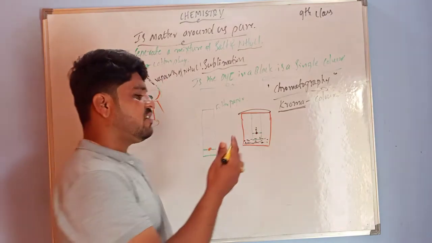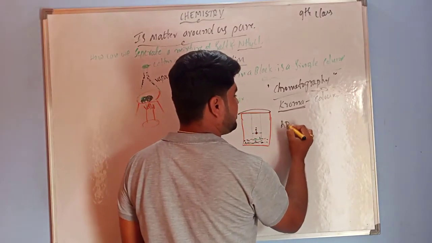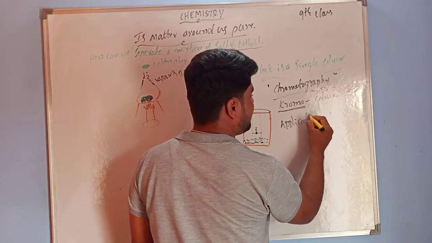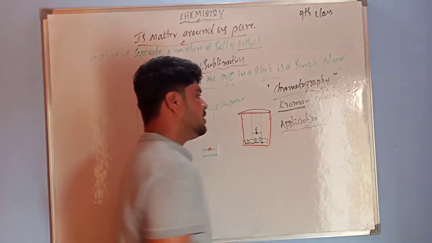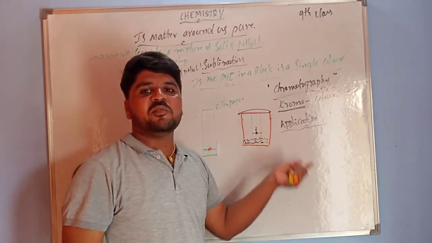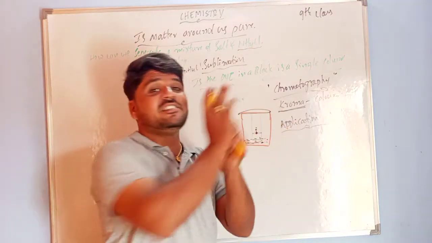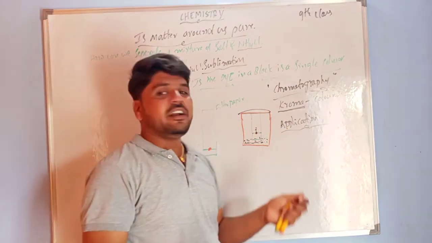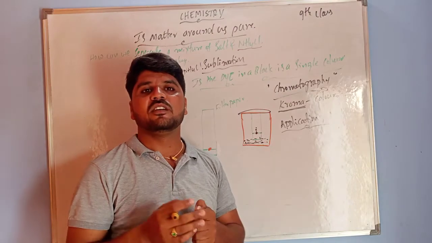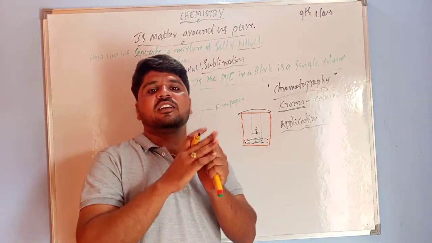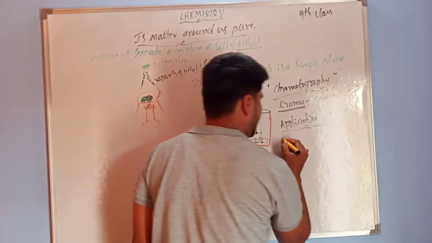Now, applications of chromatography. Where do we use chromatography? Most of the time it is very useful in the medicinal fields, for drug preparation, where we have to separate the drug from the blood.